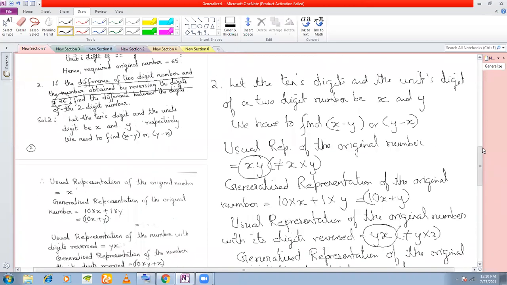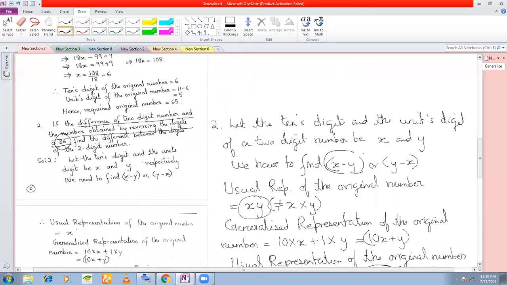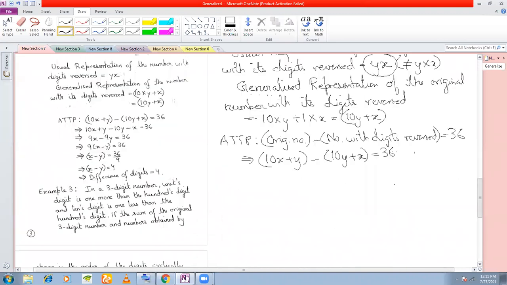What do we have to find here? We have to find the difference of the digits. We have to find either x minus y or y minus x. We don't have to find x and y both. Simplify this. Open the brackets first. The sign will change because there's a minus sign here, so plus becomes minus. Now, 10x minus x will give you 9x.